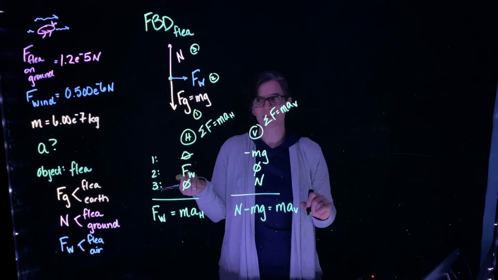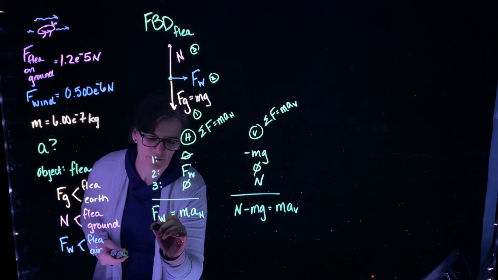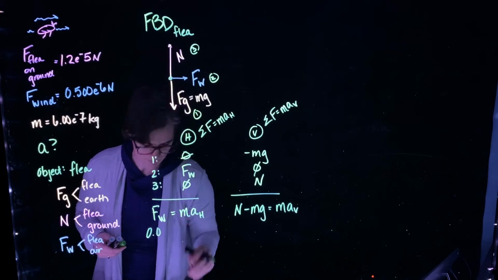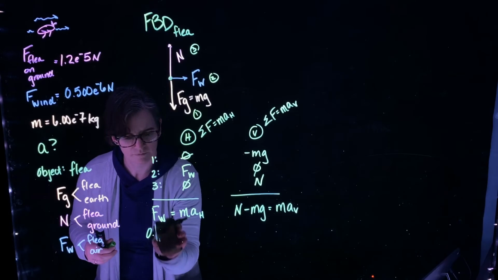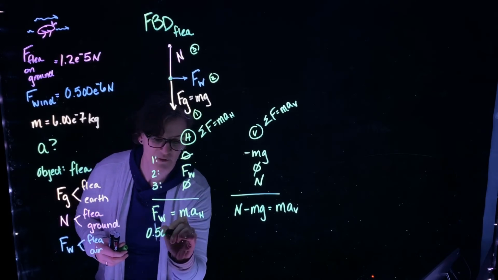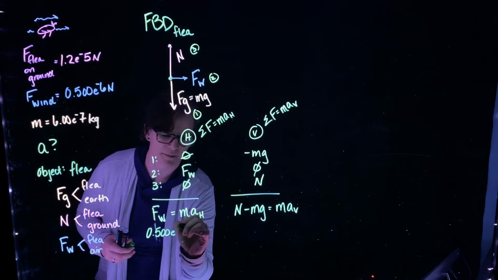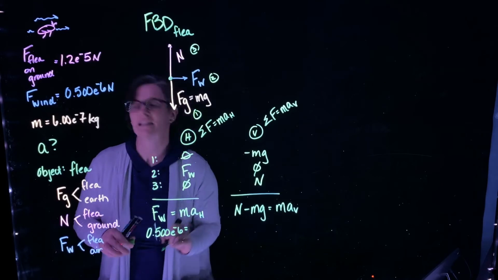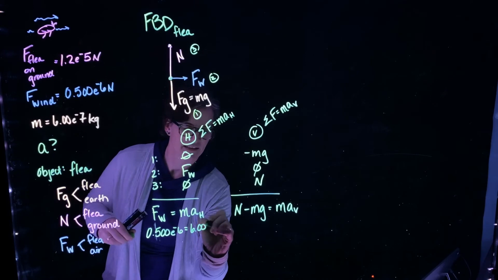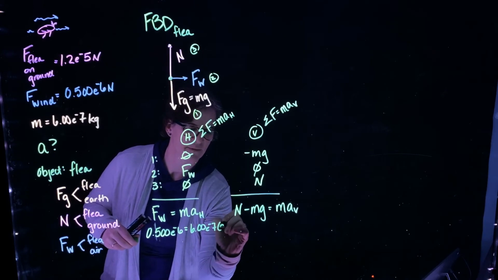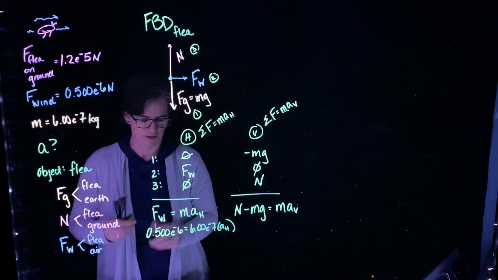Well, we're given the force of the wind. We're told that it is 0.500 times 10 to the minus 6th, and that is going to equal my mass, 6 times 10 to the minus 7th, times the horizontal acceleration.